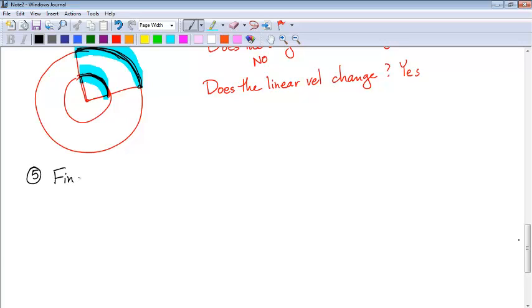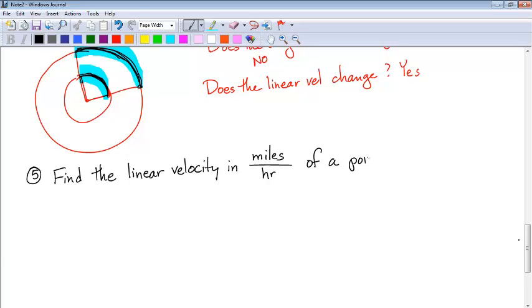Find the linear velocity in miles per hour of a point on the rim of a CD whose radius is 2 1/4 inches.